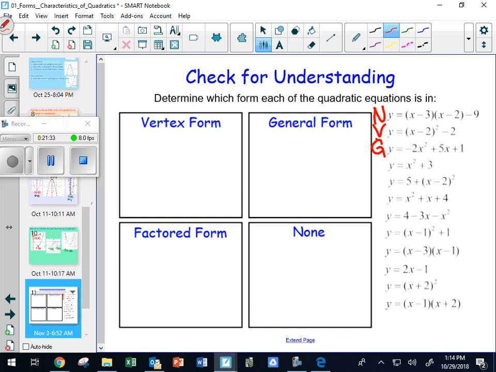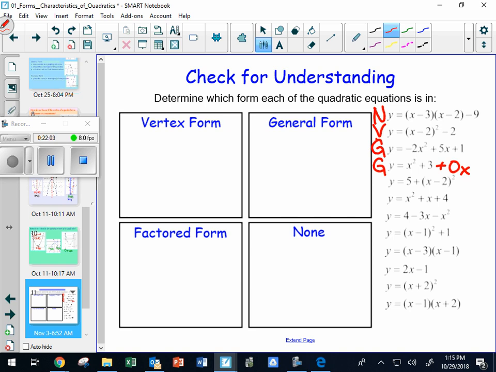Does somebody have anything besides general? What did you have? None? For people who said general, why did you say general? Yeah, so if we just added a secret 0x, would that look like the general equation? Yeah.